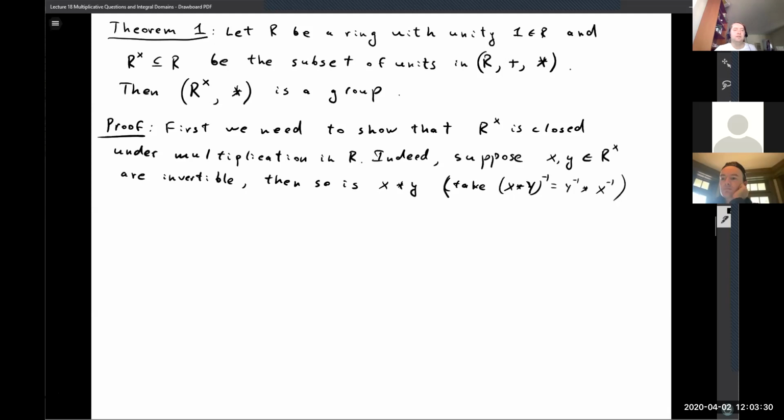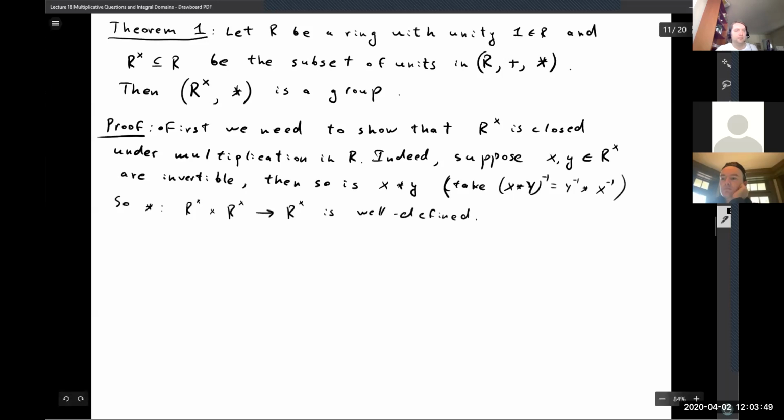Okay, so the binary operation star from R cross times R cross to R cross is well defined.